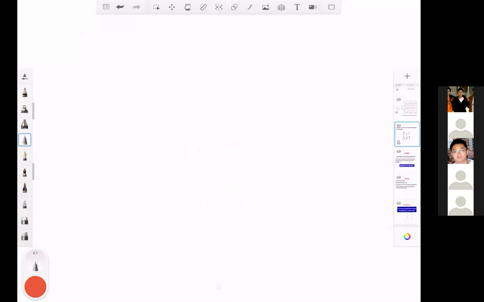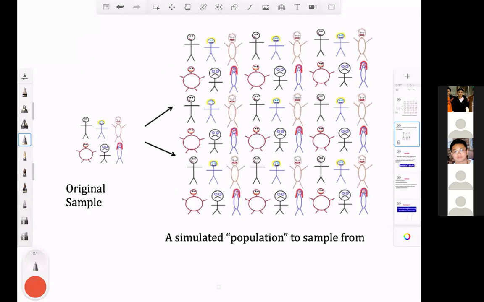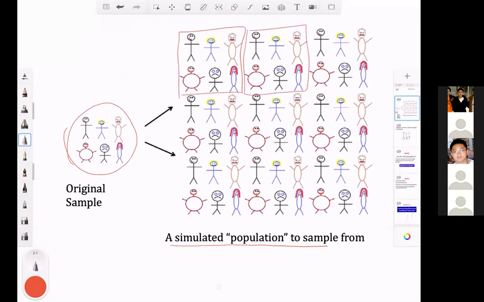Look at this one, this is an original sample. From this sample, I can simulate a population. With the same sample, I can create a population from it.